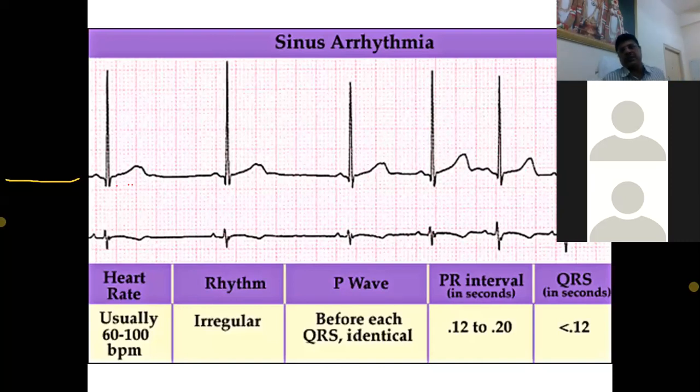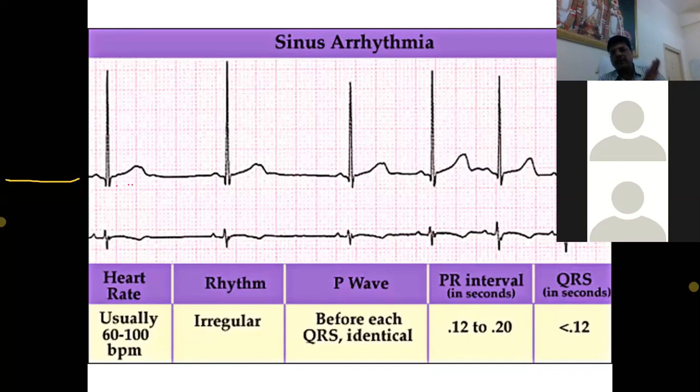So the cardio-inhibitory center is inhibited, which means the number of impulses coming from the vagus to the heart decreases. Any other way this can be told? Vagal tone decreases. So if the vagal tone decreases, what is going to happen to the heart rate?